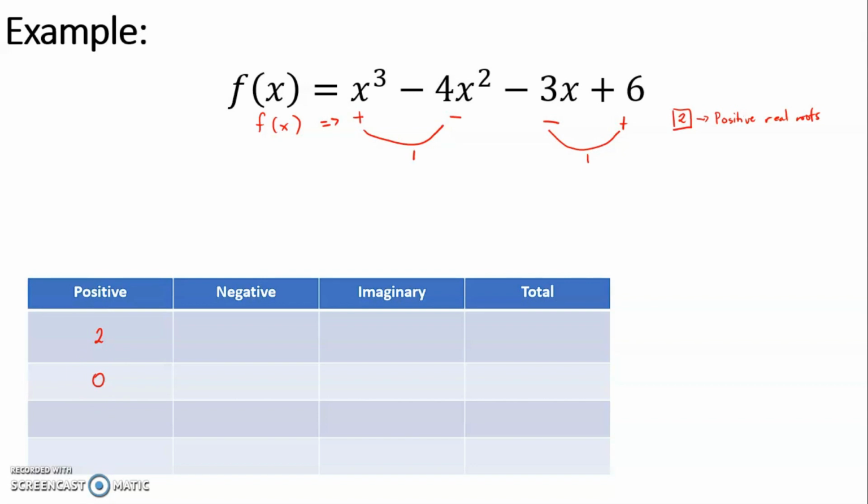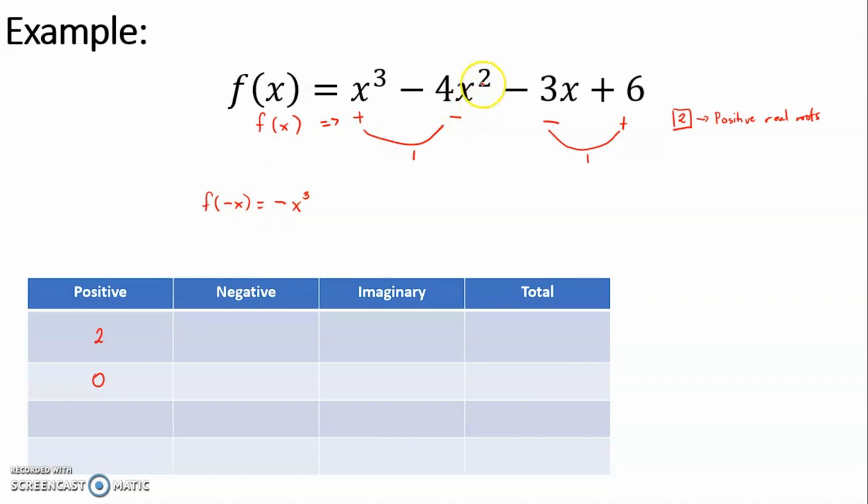Now, how am I going to determine the negative roots? We get f of negative x. So, what would be the new value when I use f of negative x? Negative x cubed becomes negative x cubed.